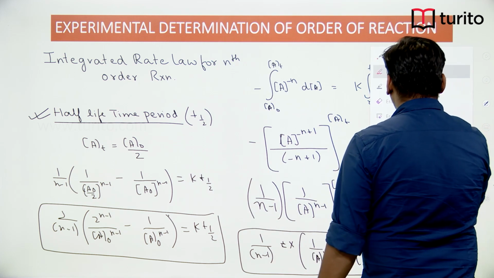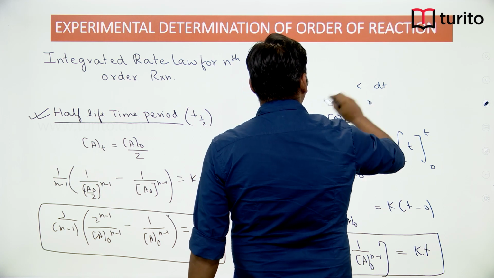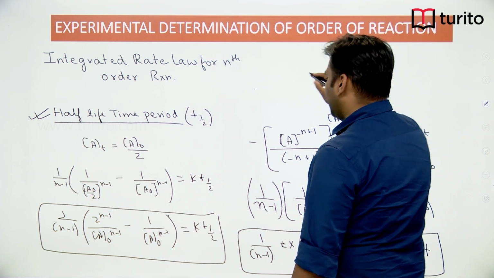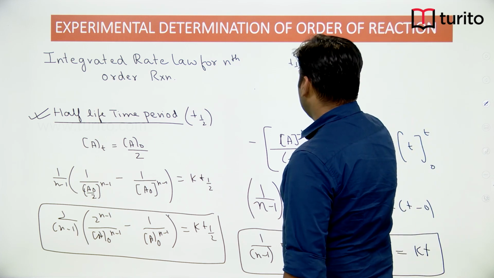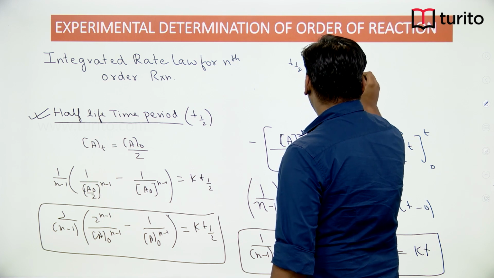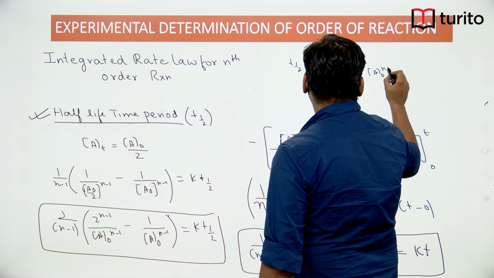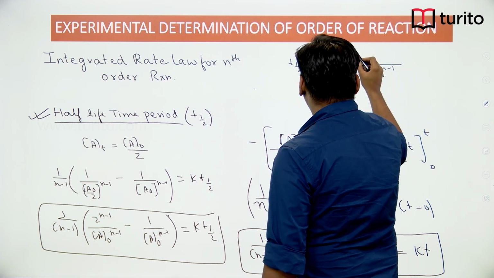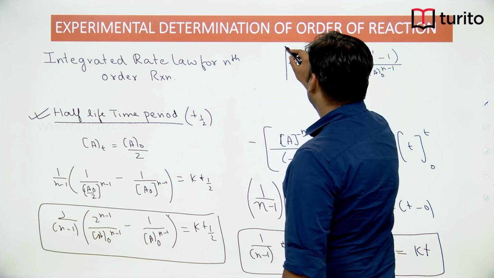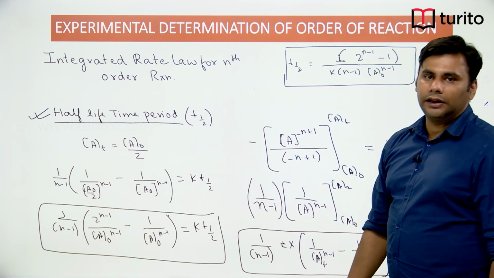So t half is equal to 1 by k into n minus 1, into A naught raised to power n minus 1, into 2 raised to power n minus 1 minus 1. So this is basically the expression for t half for a nth order reaction.